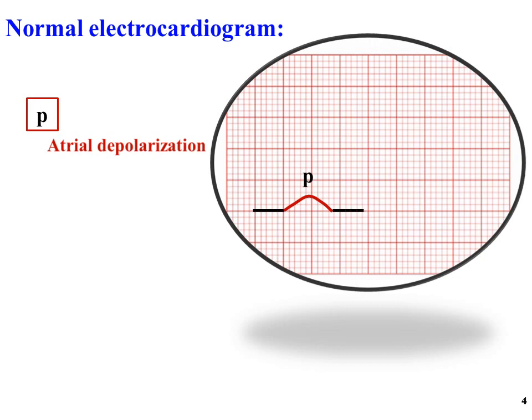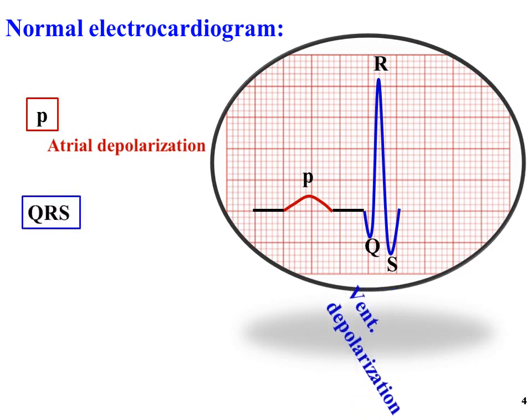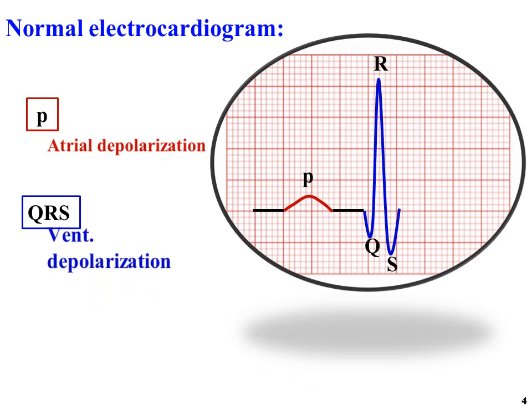The second wave or group of waves is called QRS. The QRS complex represents ventricular depolarization. Then the T wave. T wave represents ventricular repolarization.